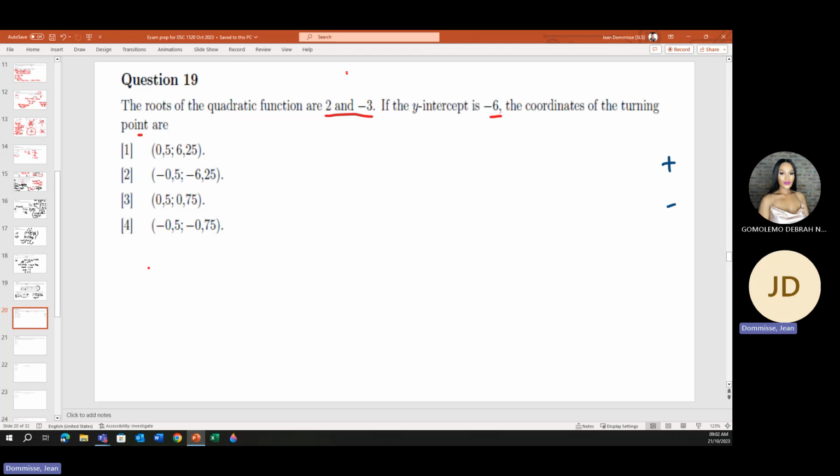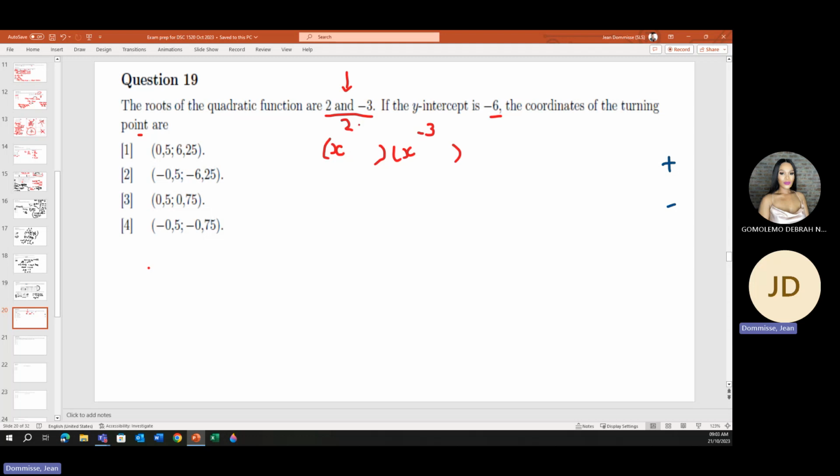So they tell us the roots of the equation a is 2 and minus 3. So when we work with the roots, we know that this one, the root is 2, and this one, the root is 3.